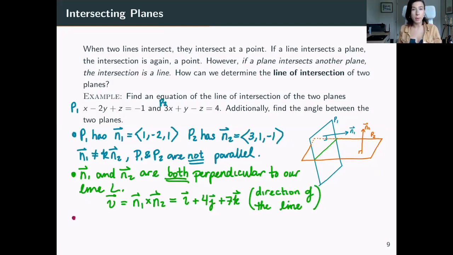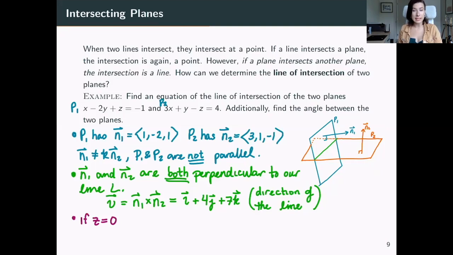To find a point on the line, we could just choose a particular value for z, because regardless of how steep or not steep the line is, eventually it will pass through when z is equal to 0. And this will help us set up a point on the line.